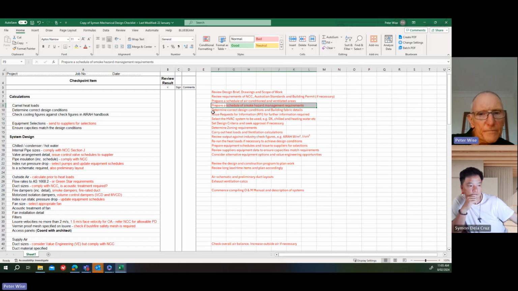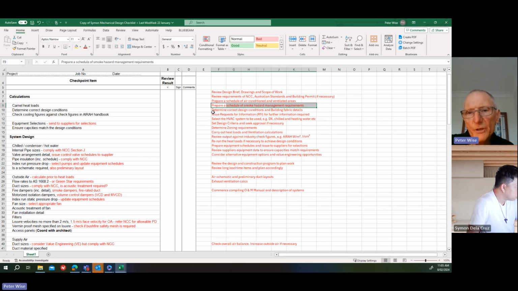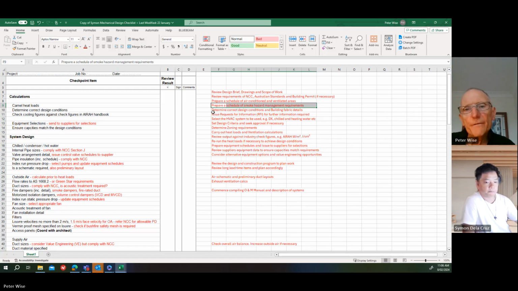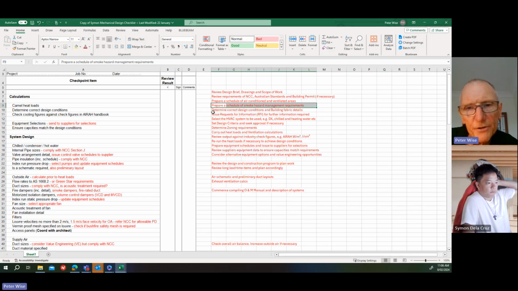When you have 10 or 15 minutes to spare, have a look at Section E and see what it says. It talks about buildings that are less than 25 metres high and buildings that are more than 25 metres high. Once you go over 25 metres, everything kicks in, like stair pressurisation and smoke spill.